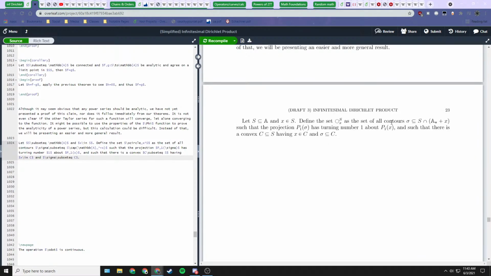The first condition says it's a contour in S, but it never overlaps X on the first projection.